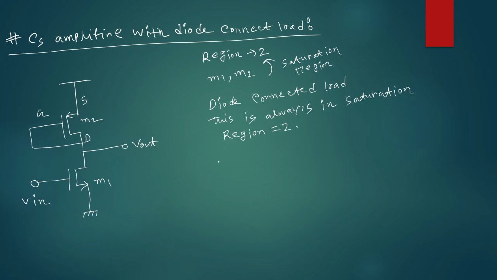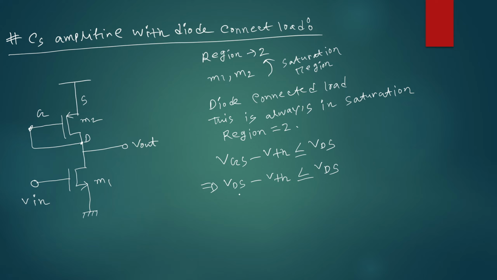The condition for saturation is VGS minus VTH less than or equal to VDS. Here the VGS and the VDS are connected together, so you can write VDS minus VTH is less than or equal to VDS.